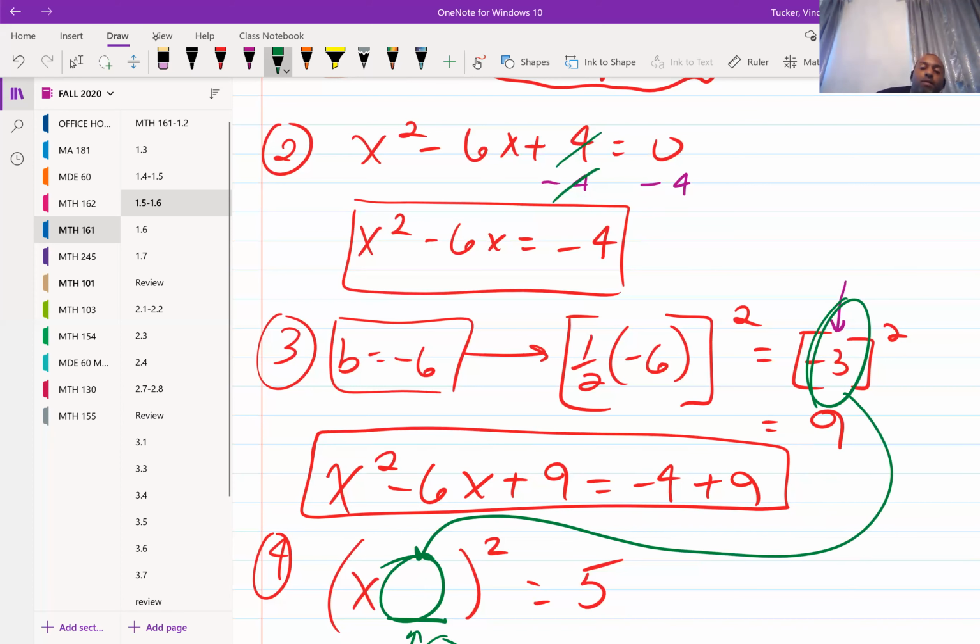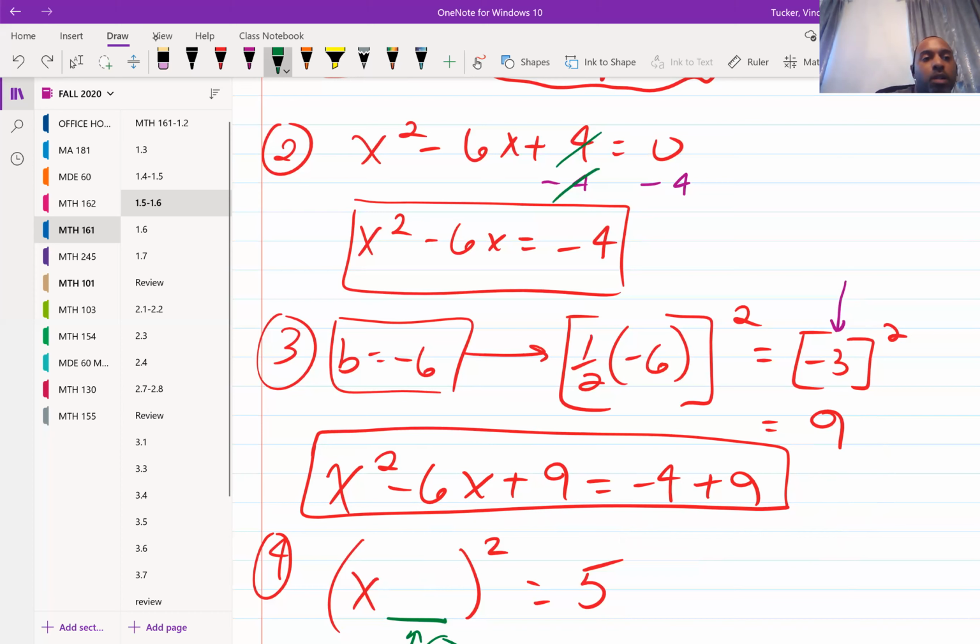So when you took half of your b term, that's always what's going to go there with the x in your factorization. It's made to work that way. So that is why we will have x minus 3. Even if you have fractions involved, whatever half of your b term was, that's what will go right there with your variable. And then, of course, -4 plus 9 is 5.